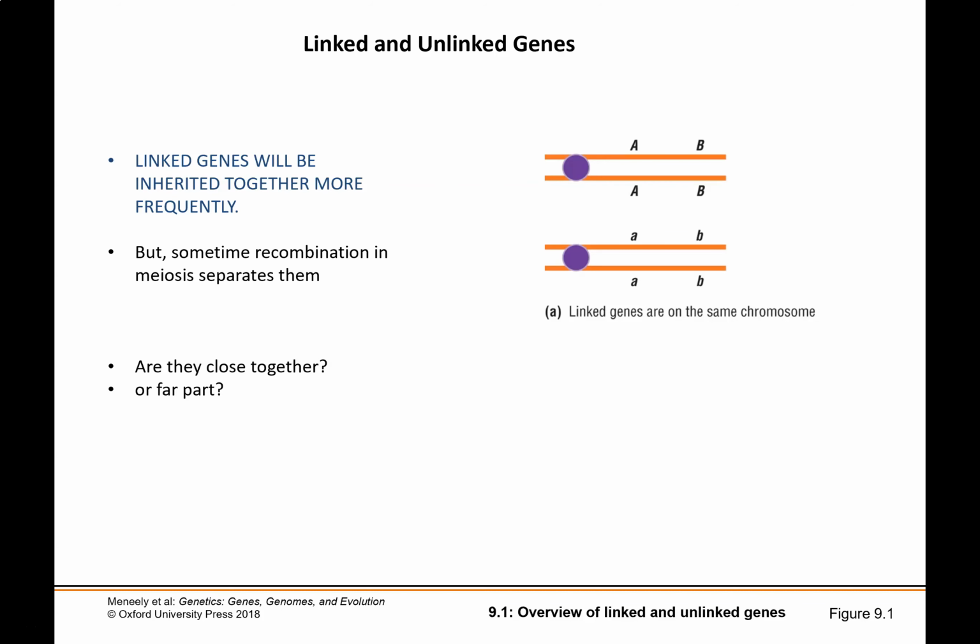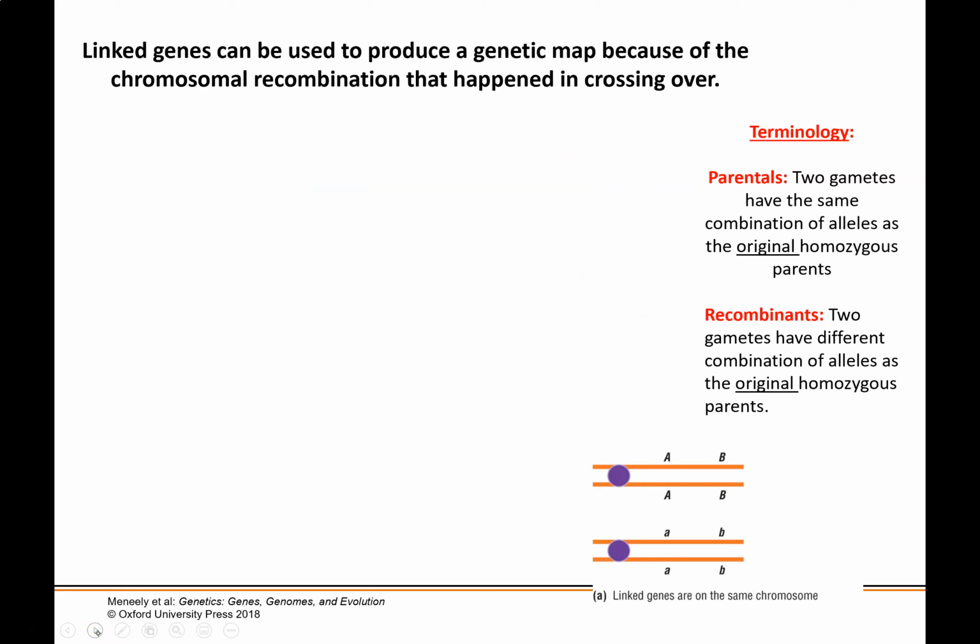And so you're going to get a higher number of recombinant chromosomes. So let's talk about how linked genes can be used to produce a genetic map. Now we do this based on the frequency of recombination that occurs between those two chromosomes.